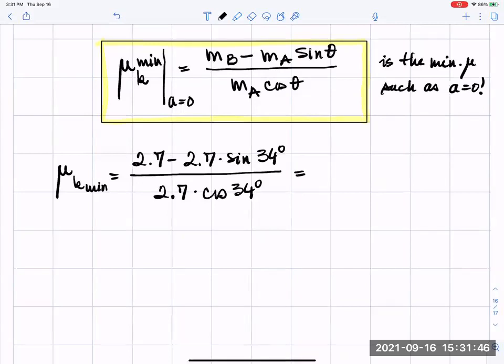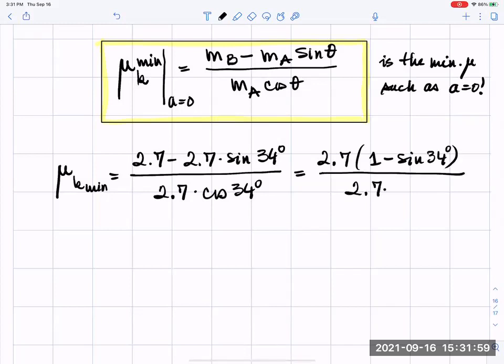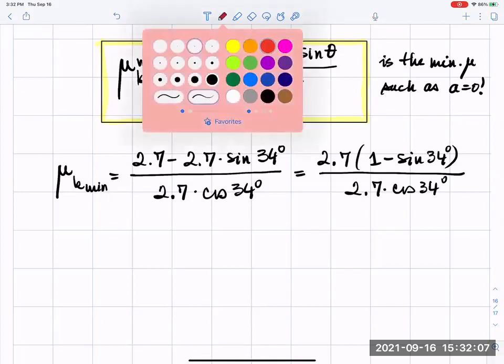Okay, let's see, what do we get? I like this: I'm going to factor out 2.7, 1 minus sine of 34, over 2.7 cosine of 34. So you have less mess on a calculator. As you can see, this happens only when the masses are equal. Otherwise, you couldn't do this simplification.